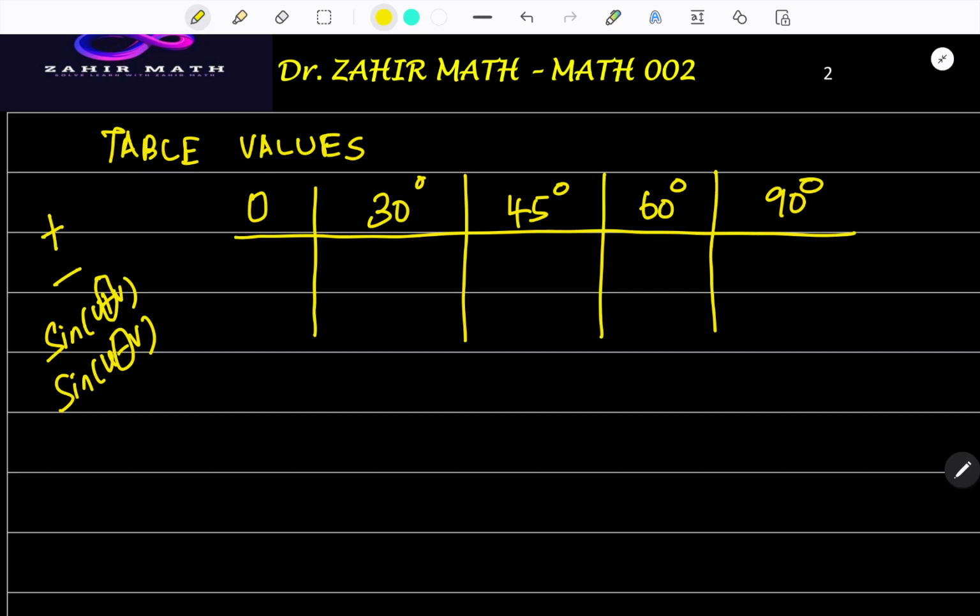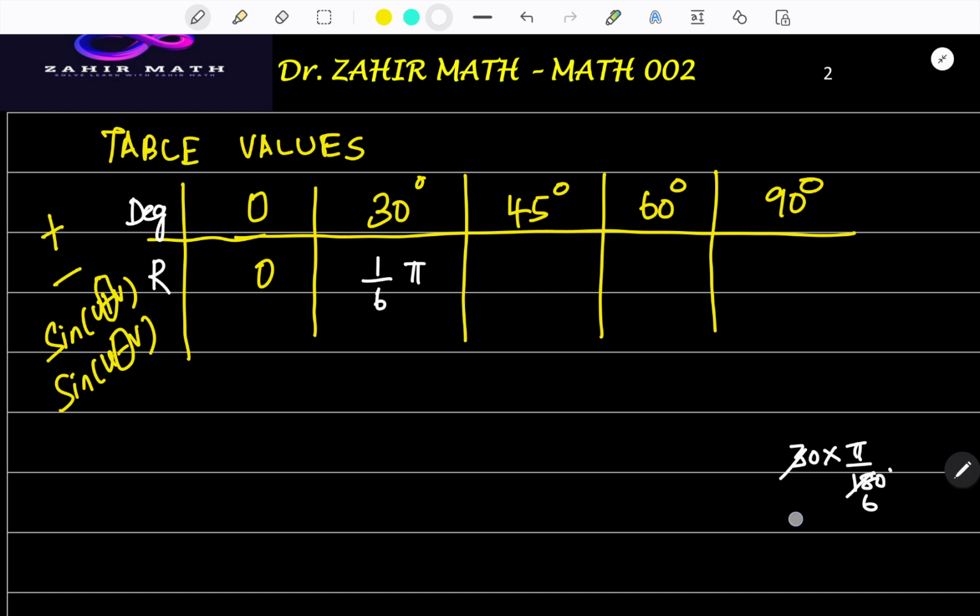So 0 is 0. You have to write this in degrees. Then you have to work out the radians. For radians, you convert 30 degrees into radians: 30 multiplied by pi by 180. You put it in the calculator, you will get 1 by 6 times pi, or you can cancel here and you will get 6.